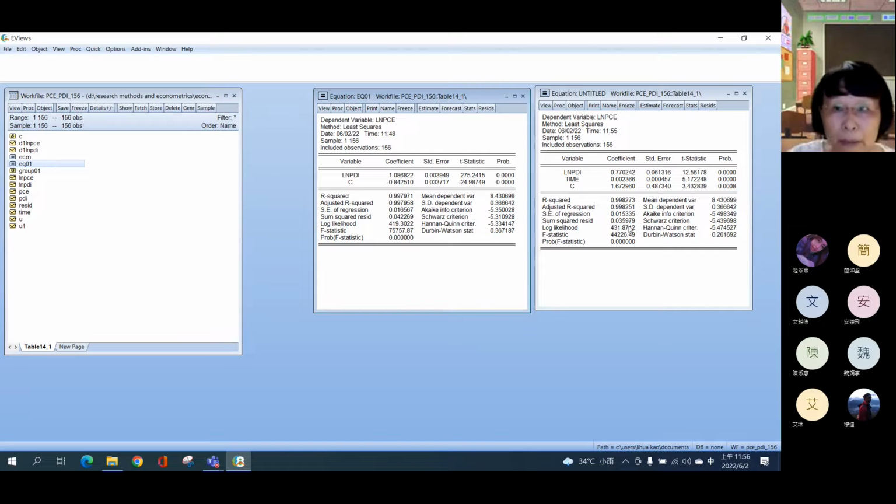But let's see the Durbin-Watson statistic. It's still very low. It means that the trend variable reduced the relationship between Y and X, but it really didn't solve the problem of first order autocorrelation.